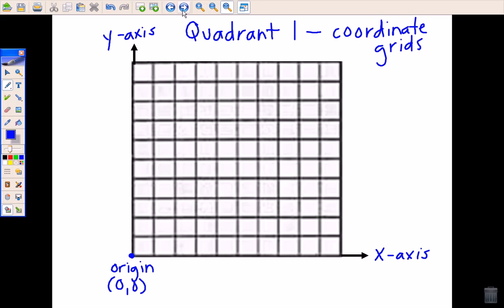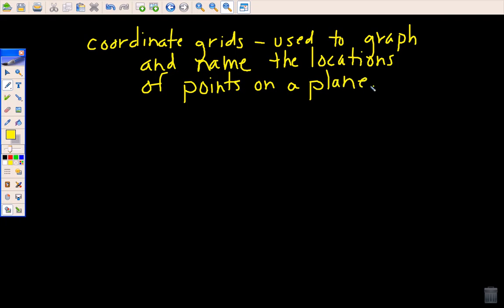Okay, so now we're going to take some notes, still on the teacher side. Coordinate grids are used to graph and name locations of points, because we're talking about points, which was the basic of geometry, on a plane. A plane is a flat figure that goes on forever in both directions, and we showed that with the arrows.